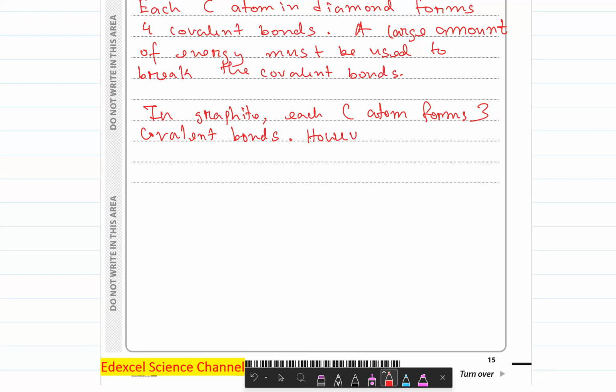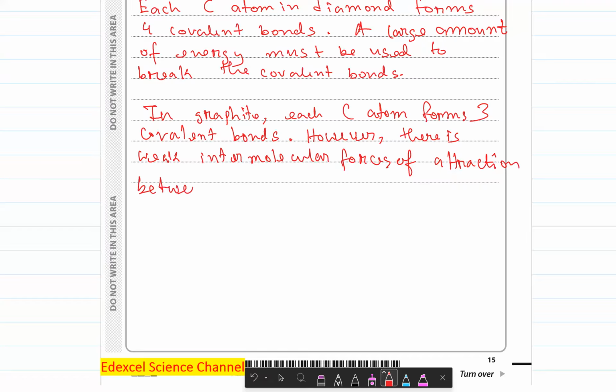However, there is weak intermolecular forces of attraction between the layers, so they can slide over one another.